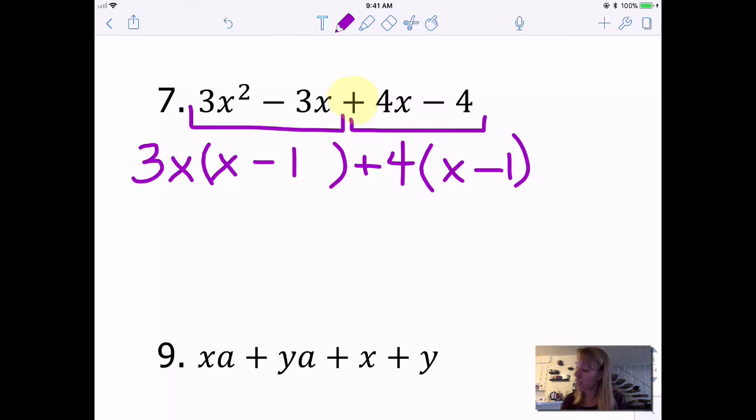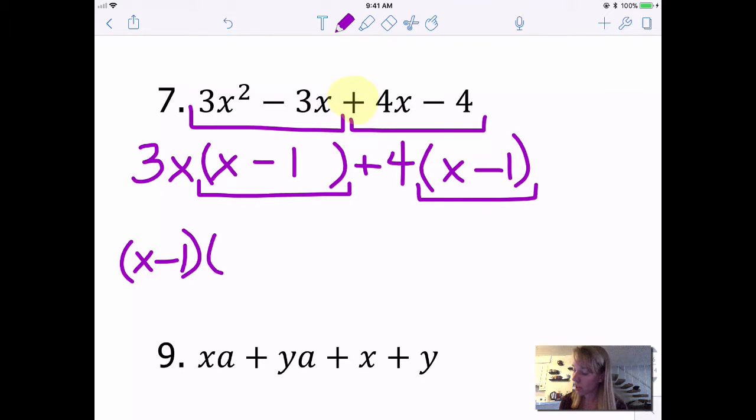This is the key. Once I get here, I notice that x minus 1 is actually in both terms. I can consider that like a GCF of my whole polynomial. So my x minus 1 is in both terms. X minus 1 times 3x gives me 3x times x minus 1.